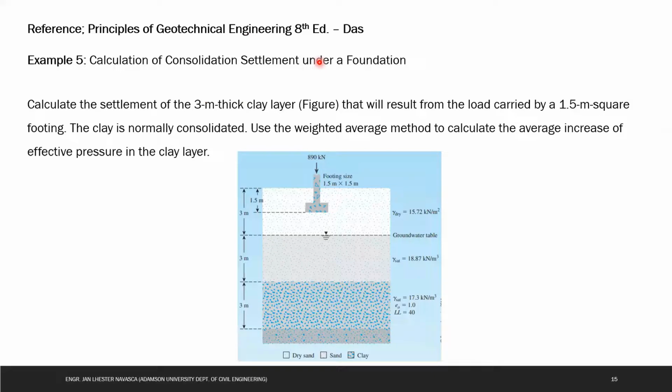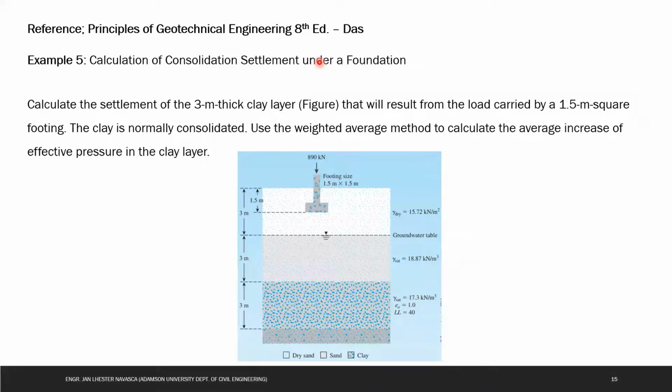Last problem. For the last example problem, the calculation of consolidation settlement under a foundation. This problem comes from the book Principles of Geotechnical Engineering, 8th edition, by Das, Braja and Das.